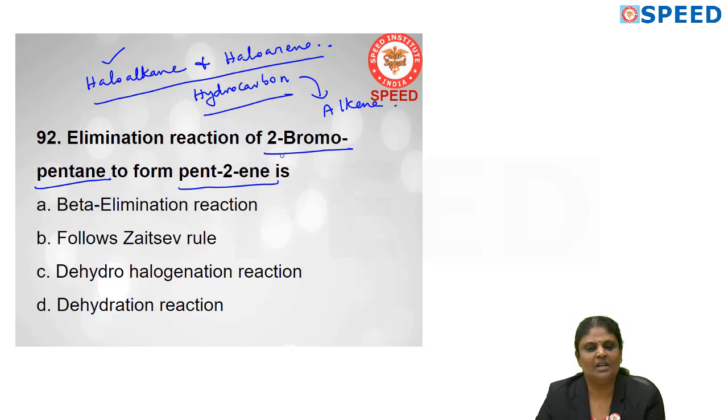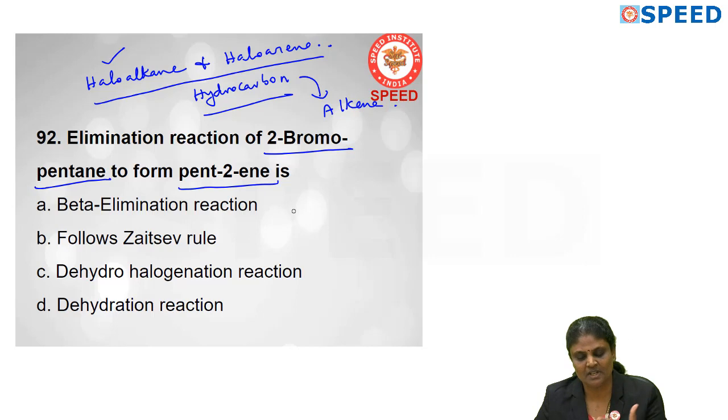The elimination reaction of 2-bromopentane to form pent-2-ene is: beta elimination reaction, follows Zaitsev rule, dehydrohalogenation reaction, and dehydration reaction.